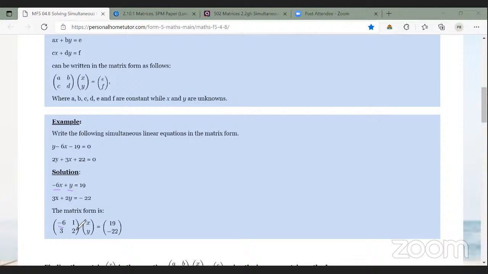So you write down 1 over here, equals to 19. And then the second equation, 3 plus 2, equals to negative 22. And then if we follow the way I wrote it before, you just fill in the brackets and you fill in the x, y unknown here. So that's how you write down the equation.